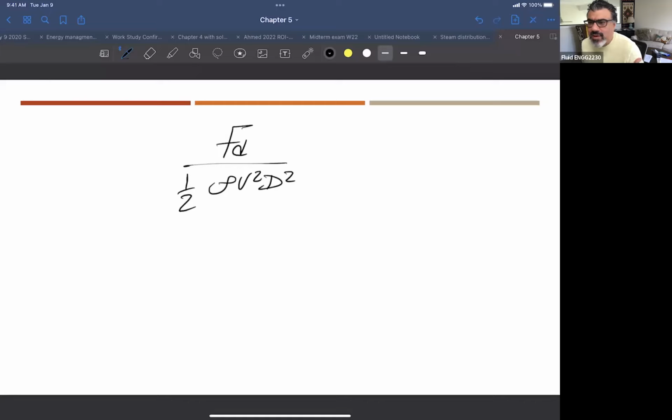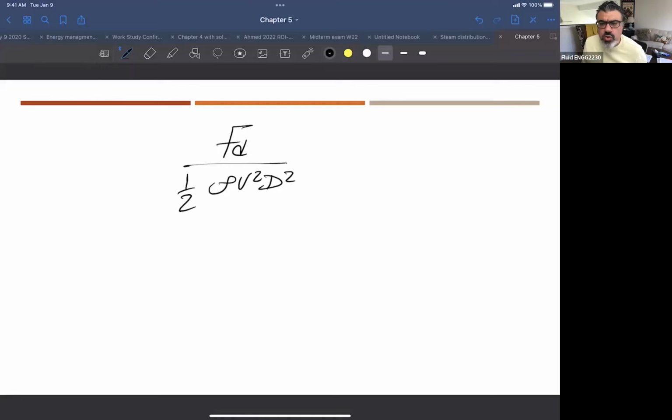It's just a number; multiplying or dividing by a number keeps it dimensionless as well. But why am I dividing by half? Because this is the kinetic, the dynamic head. You remember the kinetic energy is half m v squared, right? So you're basically trying to convert it into a form that looks like typical parameters.